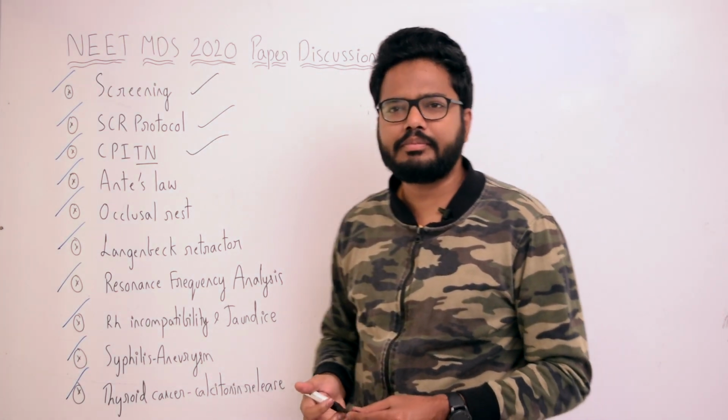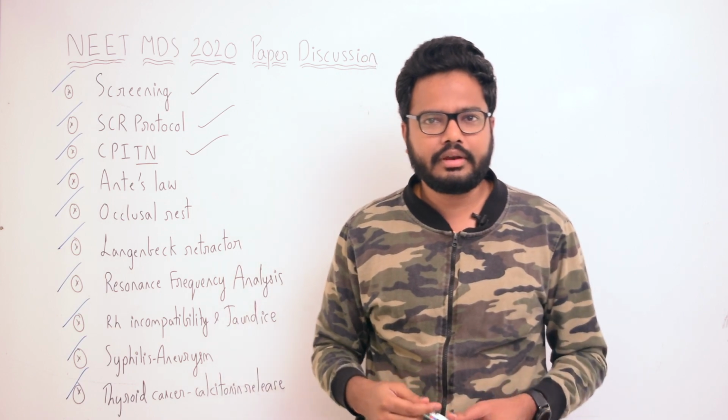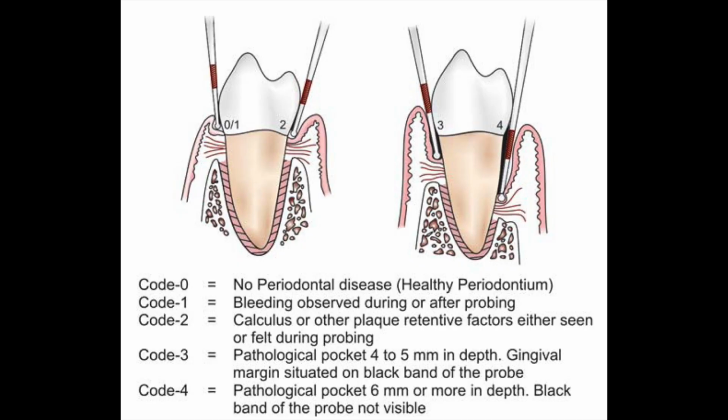CPITN treatment needs, they might have asked you a question pertaining to the same. As you can see, we have different codes and different treatment needs. The FDI WHO Joint Working Group on Periodontal Diseases supports the use of CPITN as an epidemiological screening procedure for periodontal treatment needs in populations.